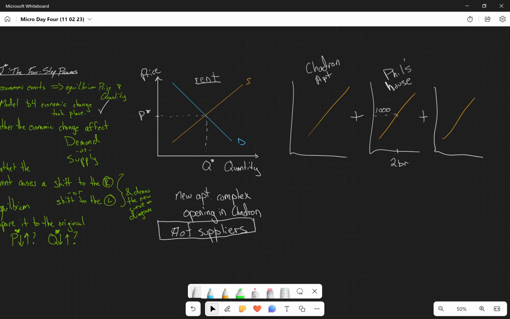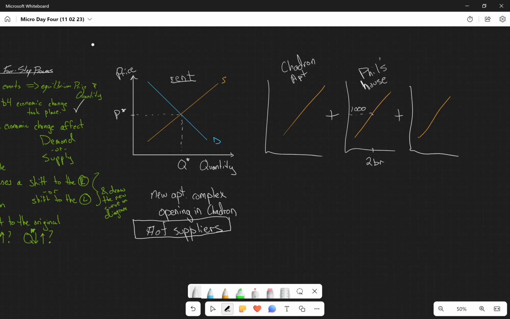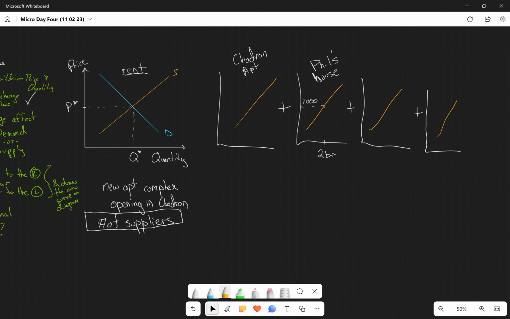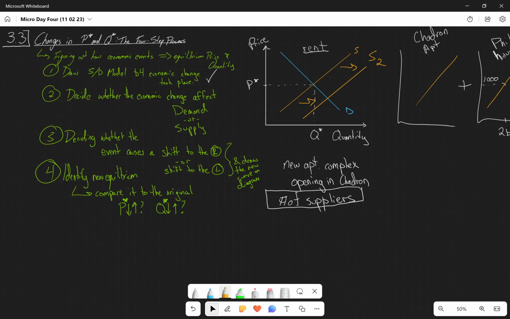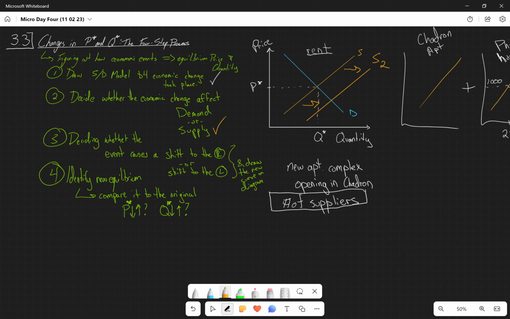So when we add an extra supplier, that means that this whole thing is going to shift to the right. So greater supply is going to cause a shift to the right. So number one, it's going to impact supply because this is a determinant of supply.